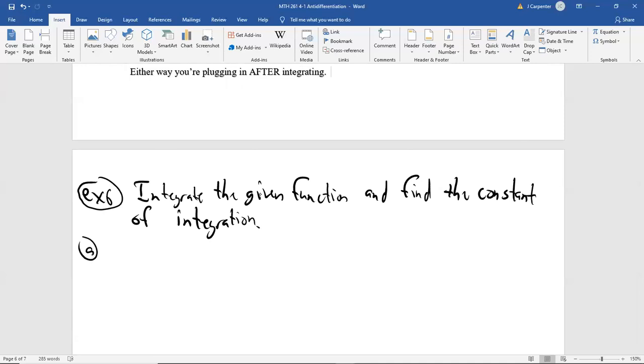A. We're going to write this as f prime of x is equal to x squared plus 1. And then our initial condition is going to be f of 0 is equal to 8. See, this doesn't say f prime of 0 equals 8. This says f of 0, and the given function was an f prime.